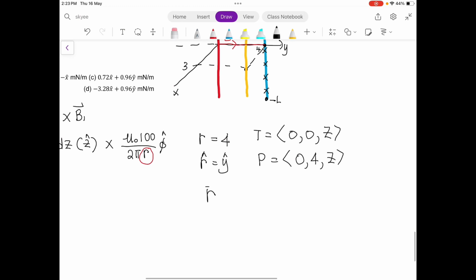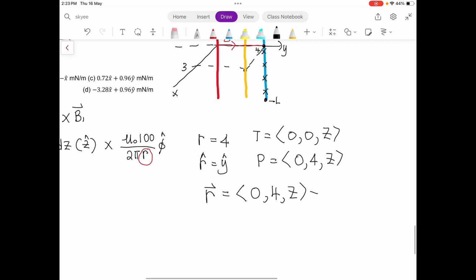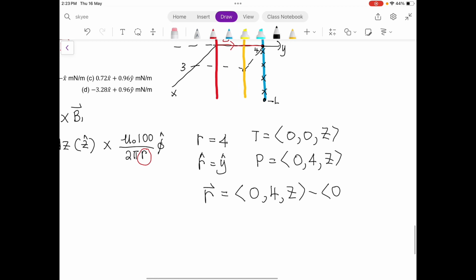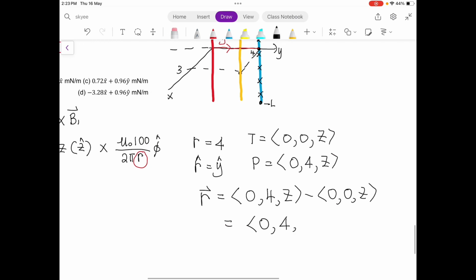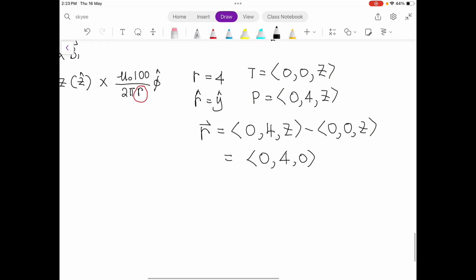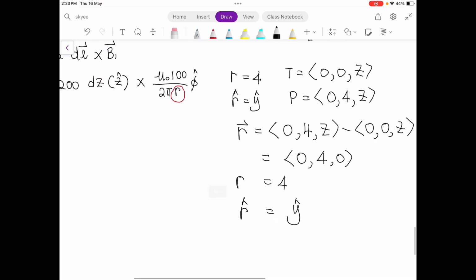So your R, you can find it by P minus T: 0, 4, Z minus 0, 0, Z. So you will have 0, 4, 0. This is a distance vector. So your distance is equal to 4, and the unit vector R will be 4 over 4, which is Y. So this is how you determine the value of the R and also the directions.